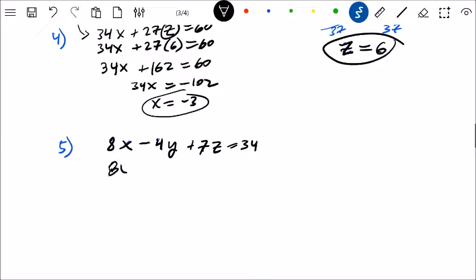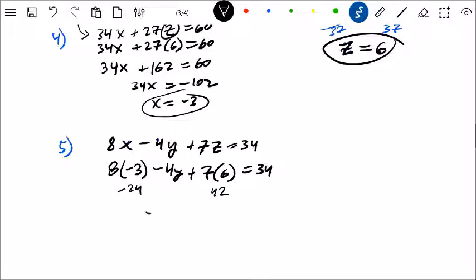But now I'm going to rewrite it with the x replaced by a negative 3 and the z by 6. So I get negative 24 here, and 7 times 6 is 42.